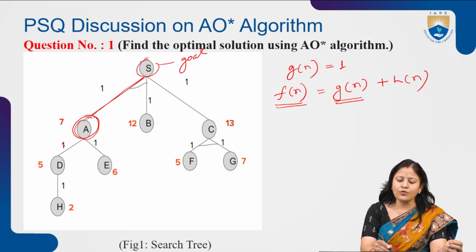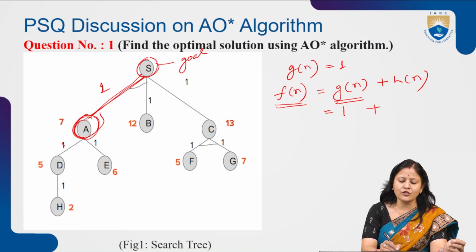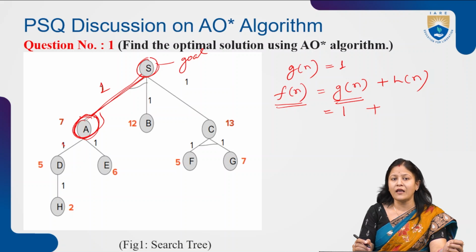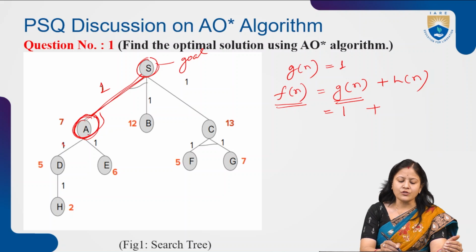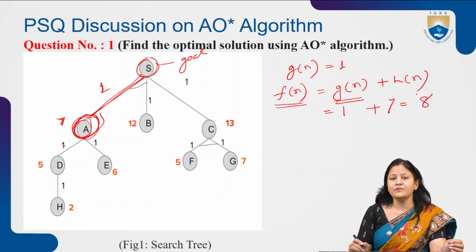From the root node S to the current node A, the actual distance is 1. So I can write 1 plus H of n. H stands for heuristic value, which means from the current node to the goal node. The heuristic value for A is given as 7, so we write 1 plus 7, that becomes 8.